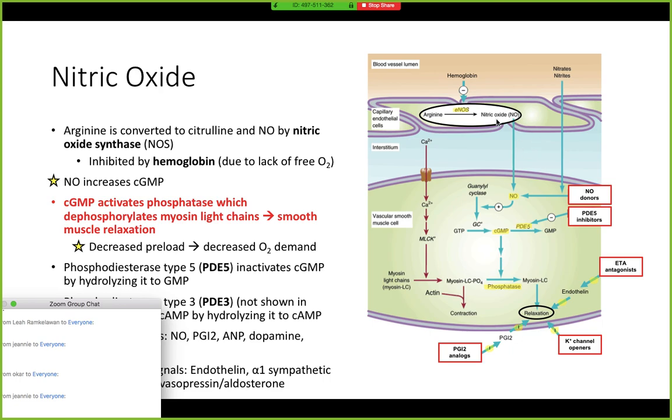From the endothelial cell, nitric oxide is going to go down into the vascular smooth muscle, and it's going to increase the effects of guanylyl cyclase. Guanylyl cyclase is responsible for converting GTP to cyclic GMP. And then, tying back to that last slide, cyclic GMP activates myosin light chain phosphatase, which rips off the phosphate and leads to relaxation or vasodilation.